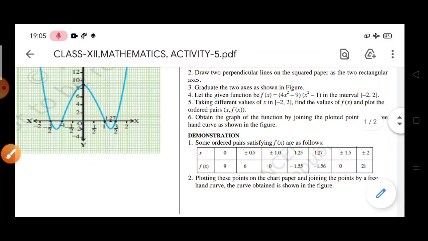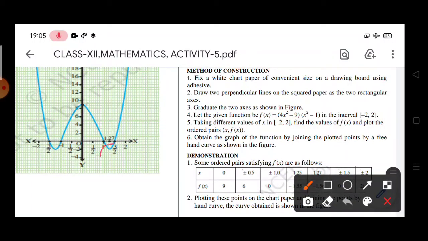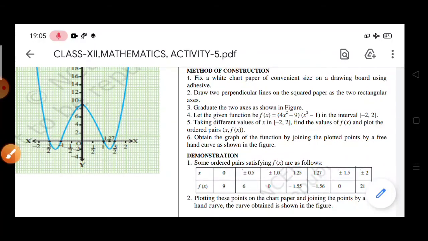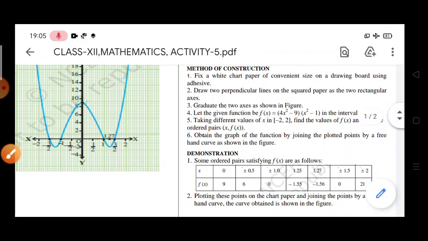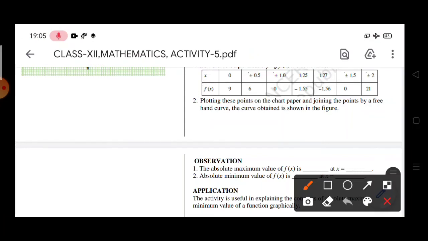Now come to the graph again. The absolute minimum value is denoted here, at this point, and the corresponding point is 1.27. So here we can write from the table the absolute minimum value of the function f(x).